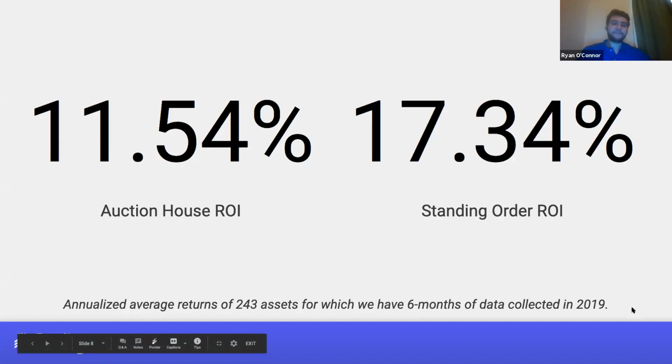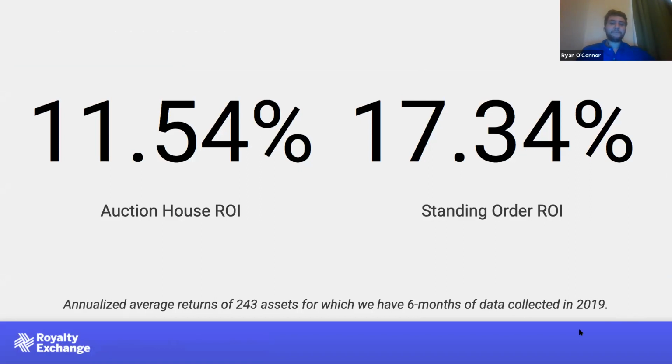Great. So this is going to represent what we've been talking about. This is our return from 2019. On the left here, we see our auction house return on investment. And just to clarify, this does take into account principal on the 10-year terms, right?